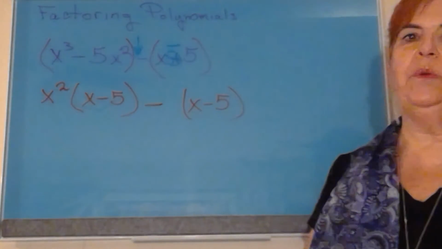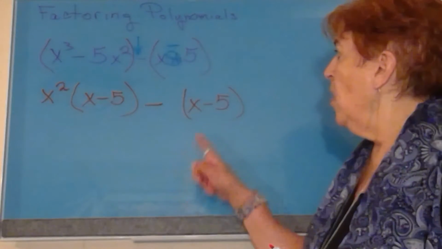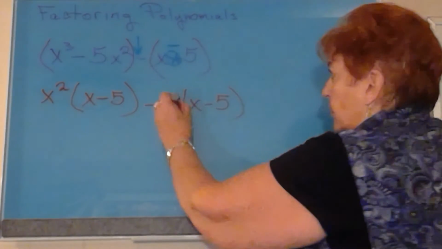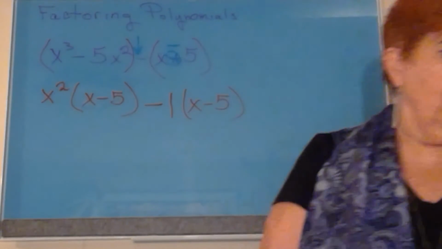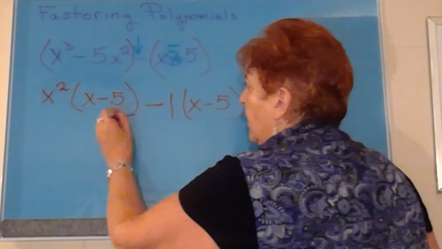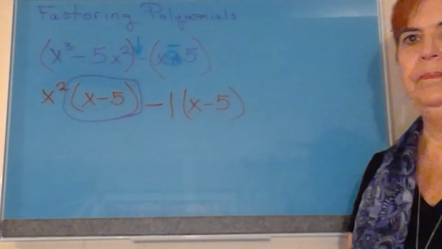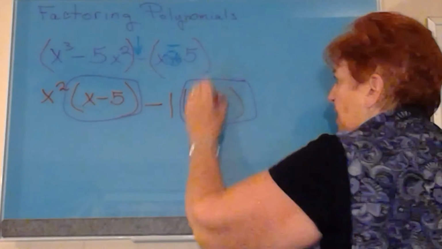Now, because of what we're doing with factor by grouping, and I don't want you to make any careless errors, when there is nothing that you took out, put a 1 there. And you'll see why in just a second. Now, if you look at these, that has a factor of x minus 5. This also has a factor of x minus 5.